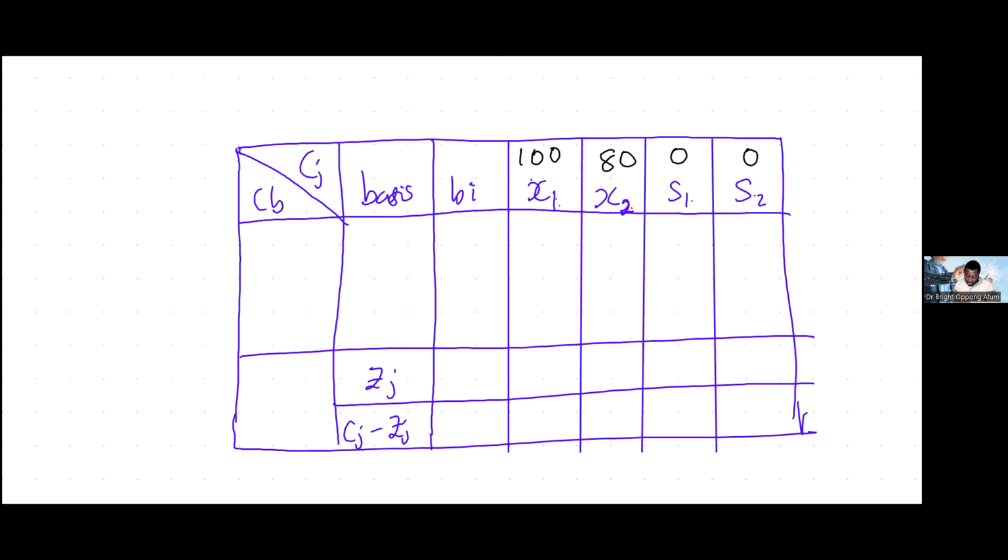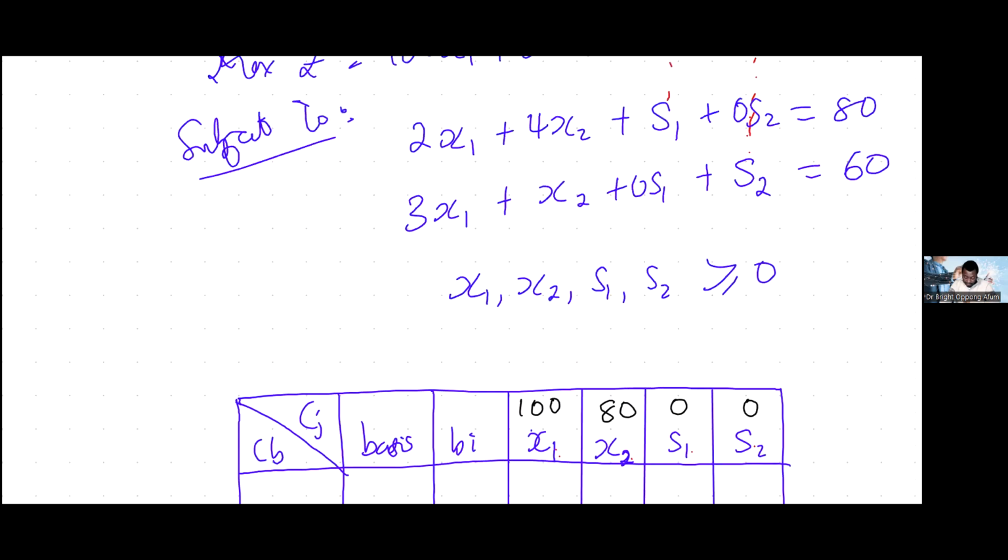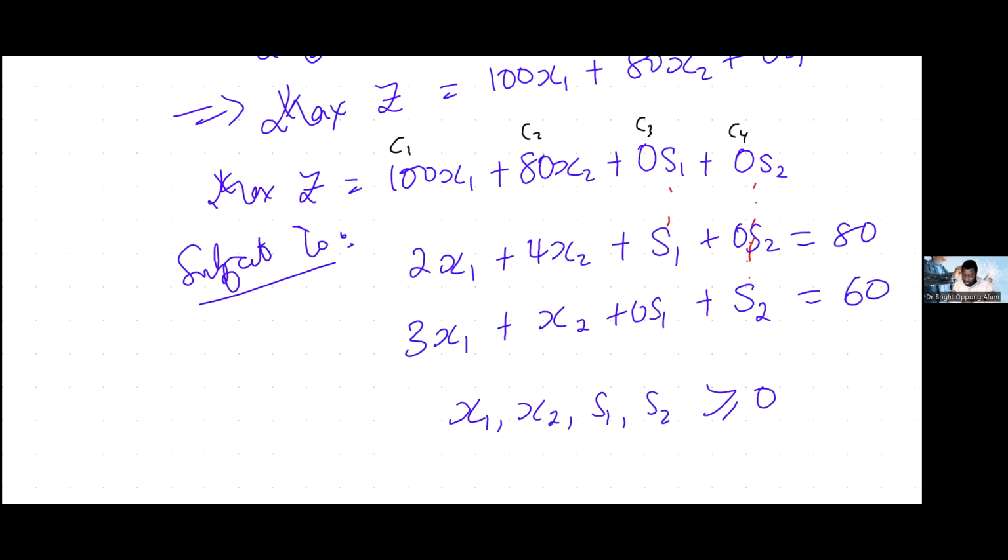All right. So then how do we fill this? The coefficient of the X1 in the constraint 1 is 2. And that for X2 is 4. And that for S1 is, sorry, is 1. And that for S2 is 0.